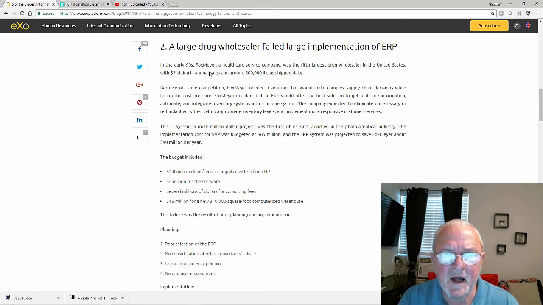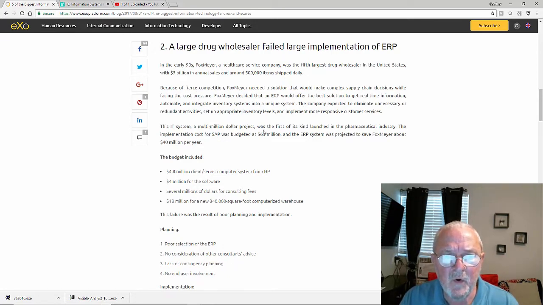In the early 1990s, FoxMeyer, a healthcare service company, was the 5th largest drug wholesaler in the United States, with $5 billion in annual sales and around 500,000 items shipped daily. Because of fierce competition, they needed a solution that would make complex supply chain decisions while facing cost pressure. They decided that an ERP would offer the best solution to get real-time information, automate and integrate inventory systems within a unique system. It is sounding like a large-scale organizational information system.